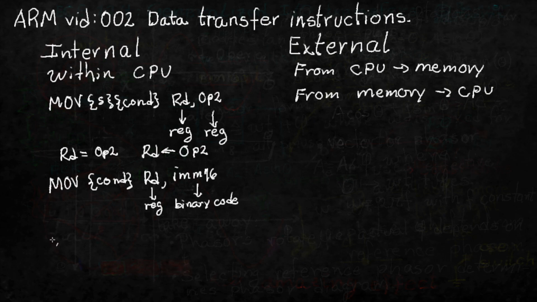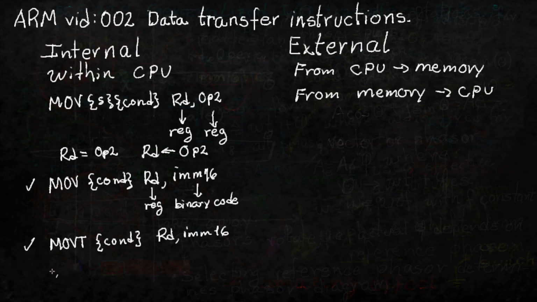We have, for that matter, MOVT. MOVT is move top. So when we use MOVT conditional RD immediate 16, we can now move the binary code to the upper part of the register. So if we want to load a 32 bits register with a binary number of any sort, we need to run this in two steps. First, we need to issue a MOV for the lower part, and then another MOV for the upper part.